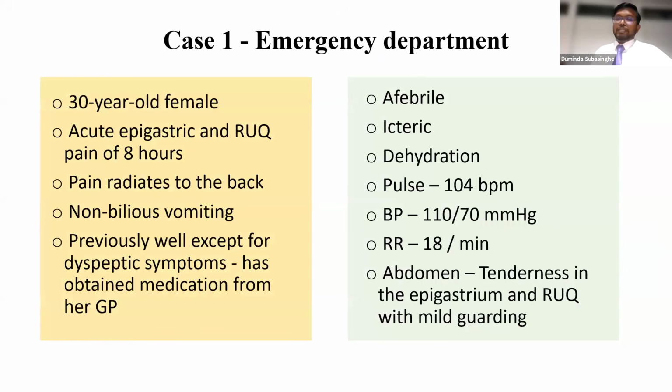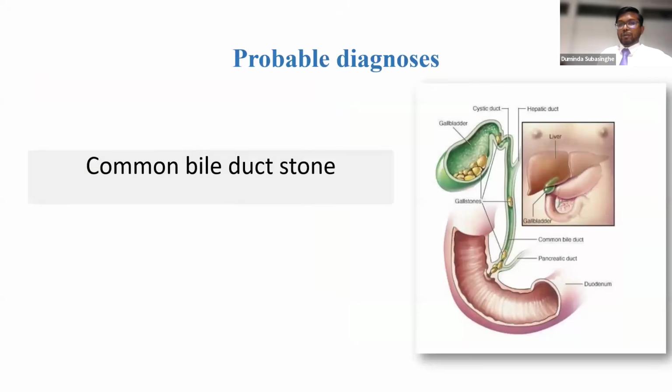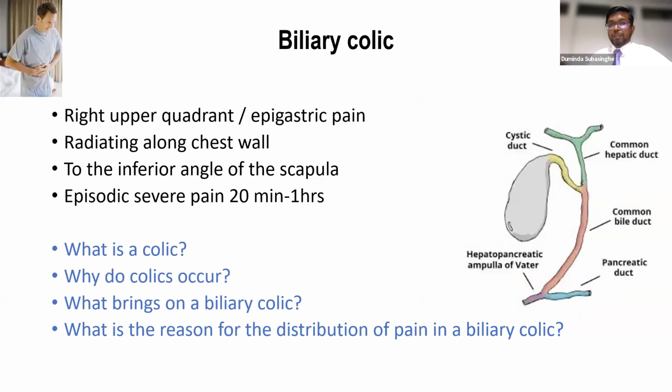So the possible diagnosis is, as the patient is jaundiced, with all this history in the setting of biliary colic, she might have a symptomatic gallstone, maybe a common bile duct stone, as well as a bit of cholecystitis. So that is the probable diagnosis. This is typically the biliary colic, which is described in that slide of the history.